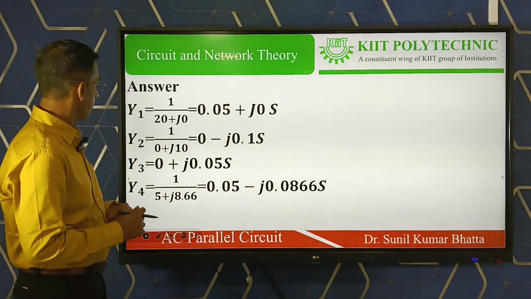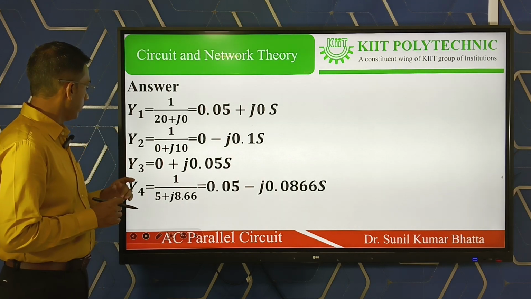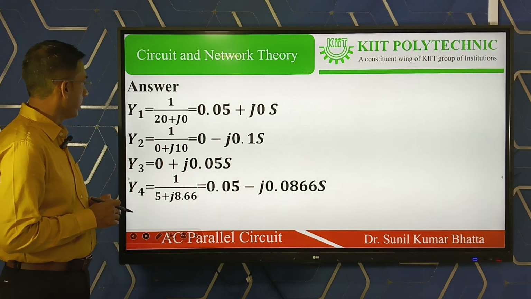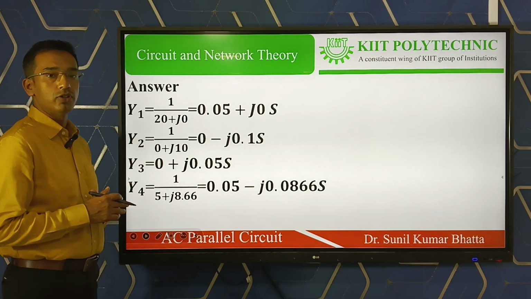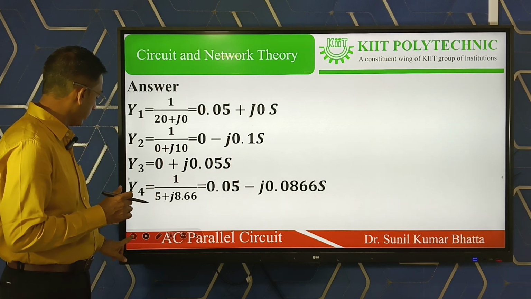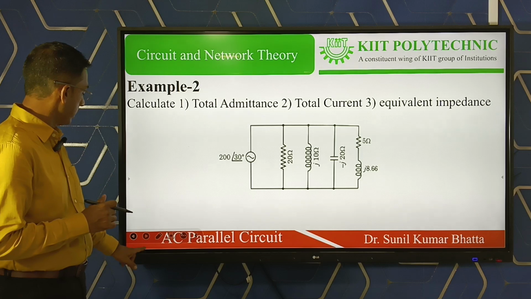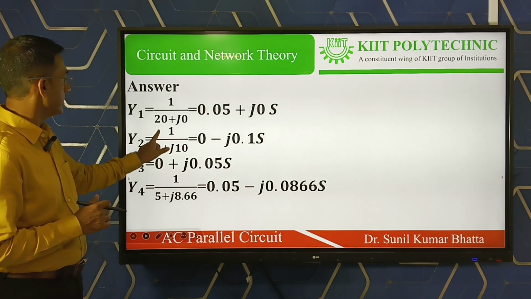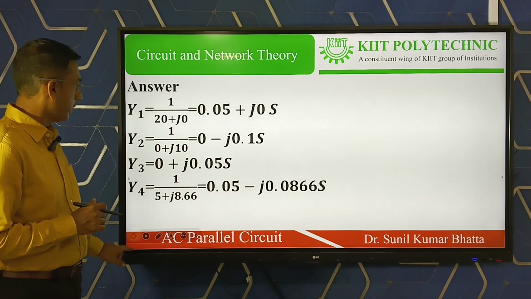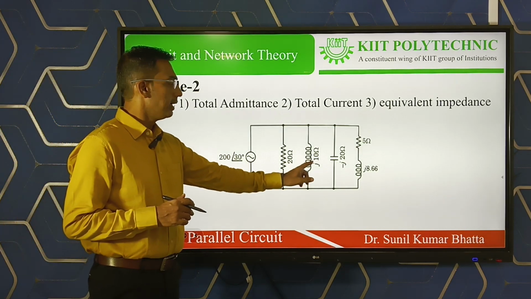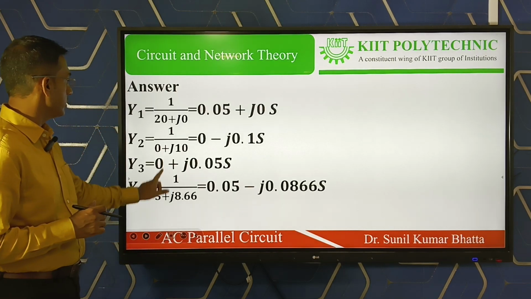On the next slide, you can see the Y1, Y2, Y3 and Y4 values calculated for the four branches. Y1 equals 1 by 20 plus J0, because only a 20 ohm resistance is connected in the first branch. Then Y2: in the second branch only an inductive reactance is connected, that is 0 plus J10.